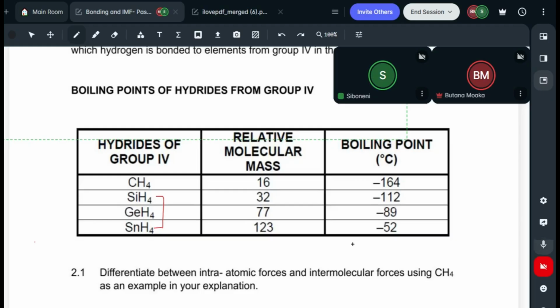The molecules become larger, meaning there will be more electrons. With more electrons, the electron clouds become easier to distort, and the temporary dipoles become stronger. What can we say about the London forces? The London forces increase. Since the London forces increase, more energy is required to separate the molecules. Therefore, the boiling point increases.